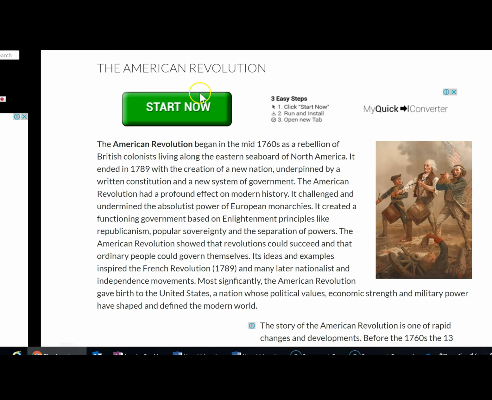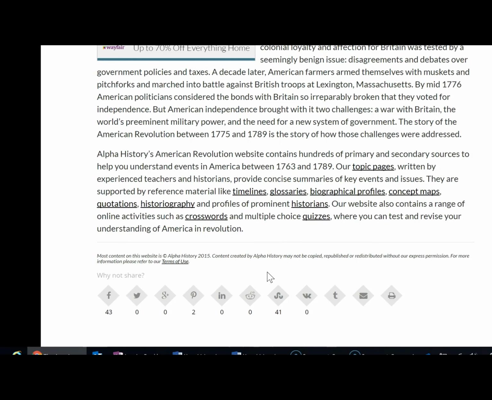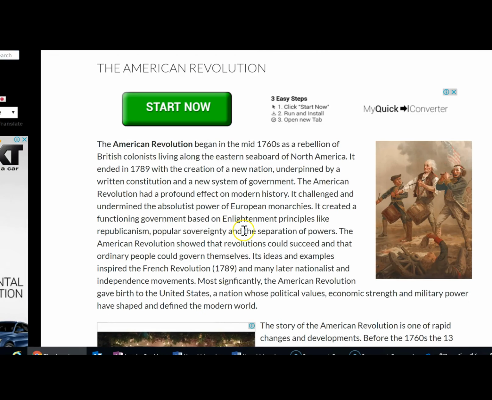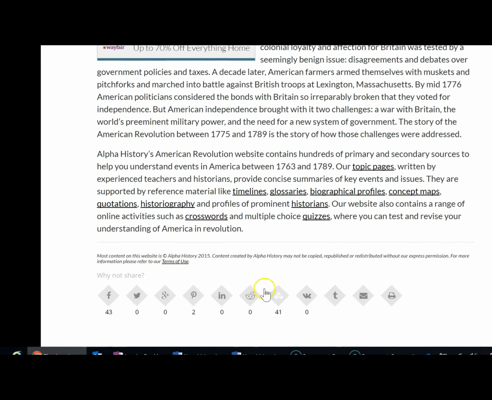Okay, so this one has some information here, and so you can kind of just cite Alpha History and the website for this one. So it'll be Alpha History, and that's what you would look at there. The origin is from the website. The who is unknown, and basically it's just one of those general articles.